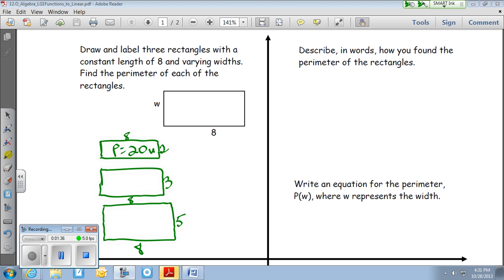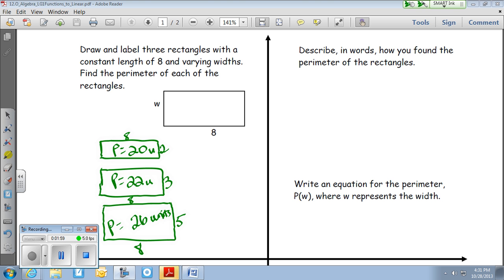The second one is going to be 22. If I add it all up together, 22 units. And then the third one with this 5 by 8 is going to be 26 for my perimeter. And that's just, again, adding up all the sides. All right, so I have what they've asked for the upper left quadrant.